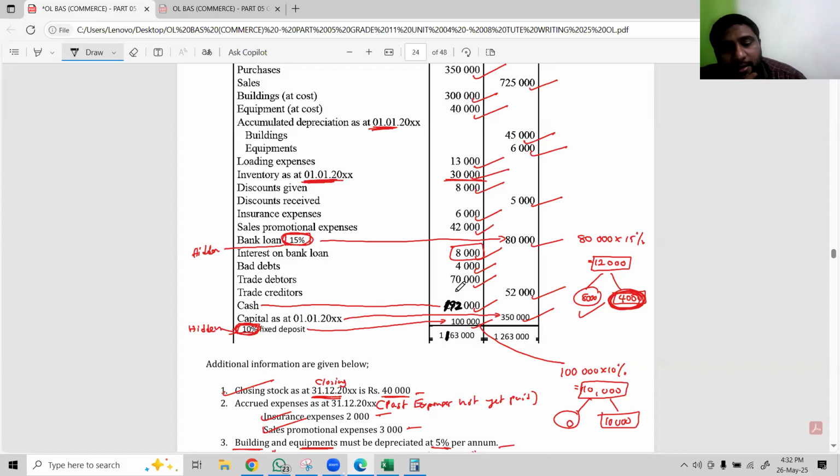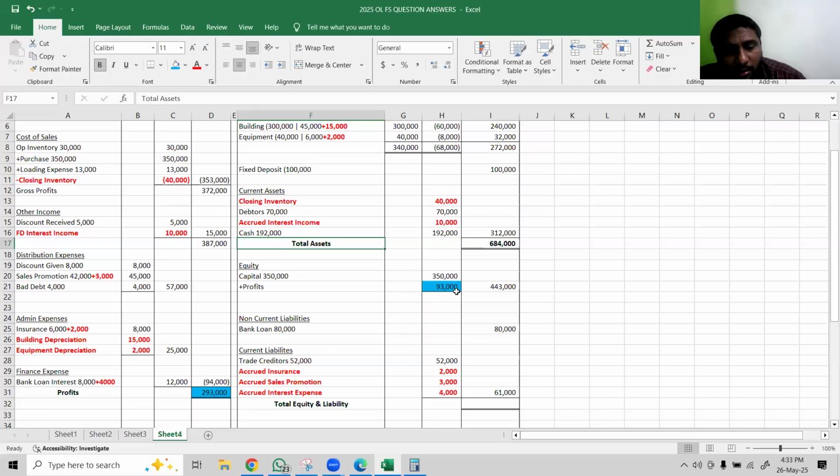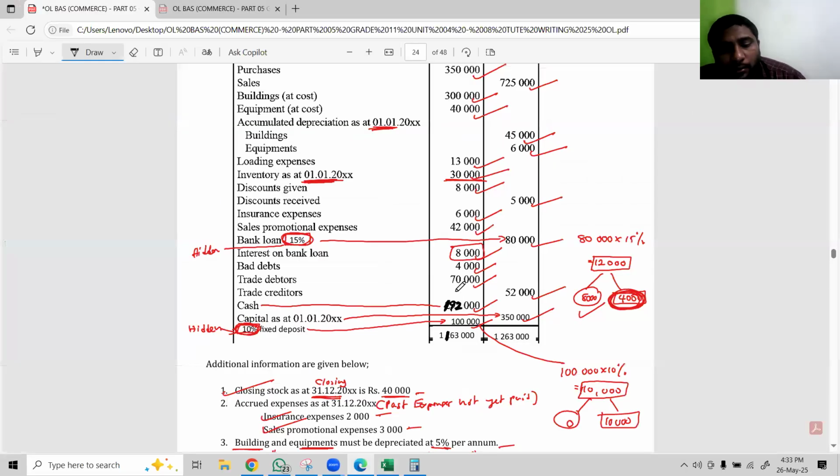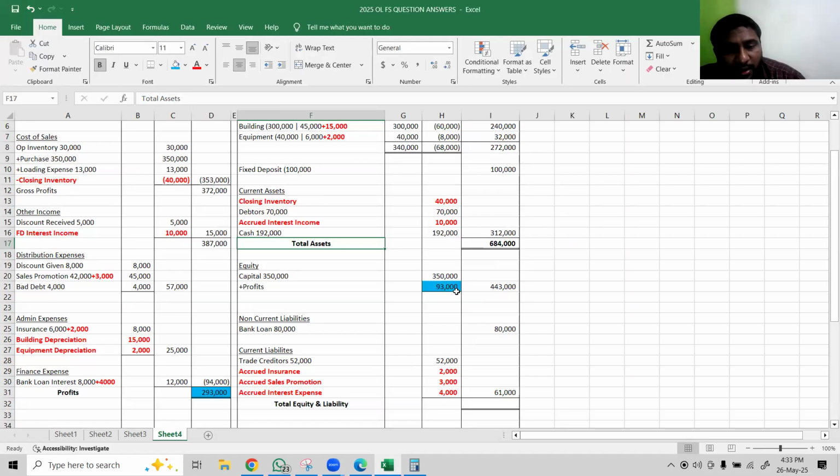Okay. Capital 350,000, fixed deposit 100,000.